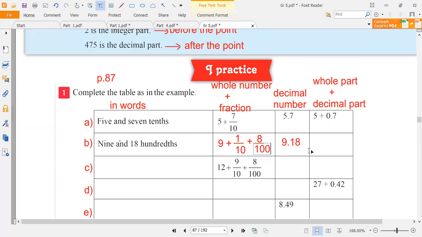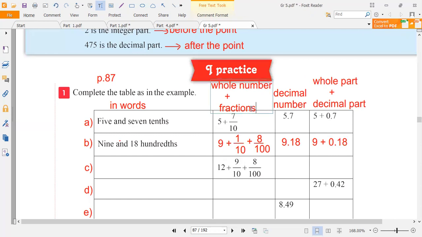Now we have to write it as the number 9 plus the decimal part, as the whole part is 9, and the decimal part we write as a decimal number, so it is 0.18.